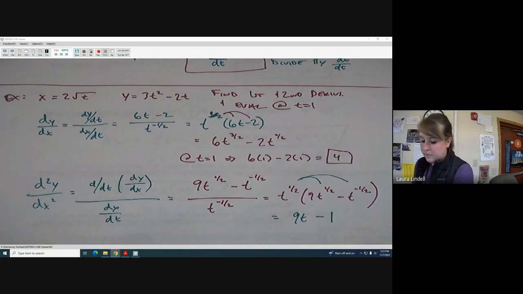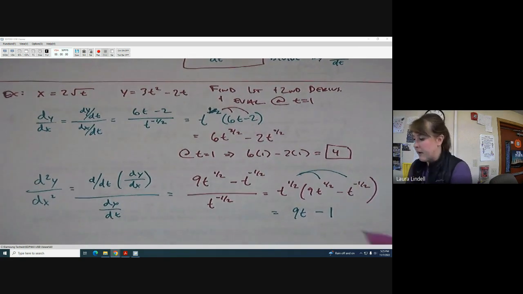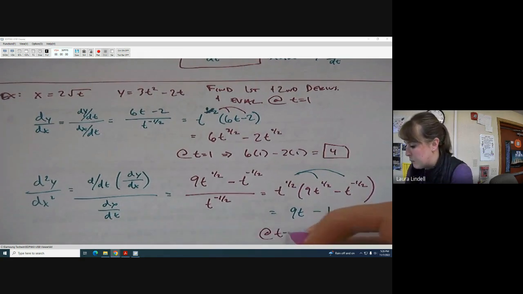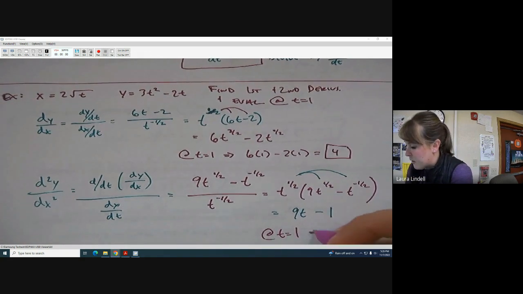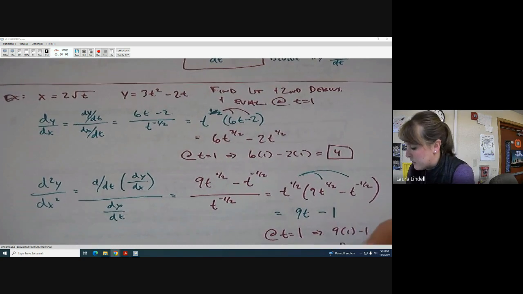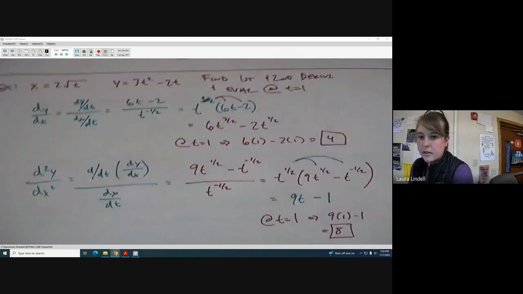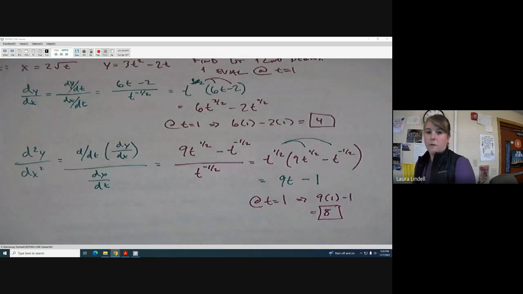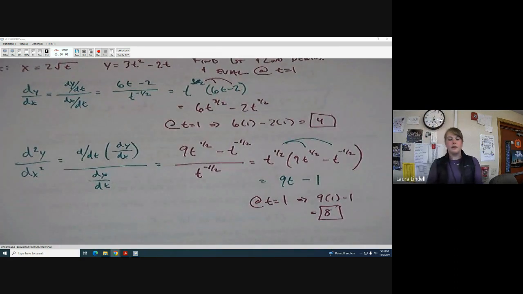So we get 9t minus 1 for our second derivative. And if I'm going to evaluate it finally at t equals 1, it's just 9 times 1 minus 1, which is 8. So our first derivative when t is 1 is 4. Our second derivative when t is 1 is 8. Okay, so that's one kind of thing that you might be asked to do involving calculus and parametrics.